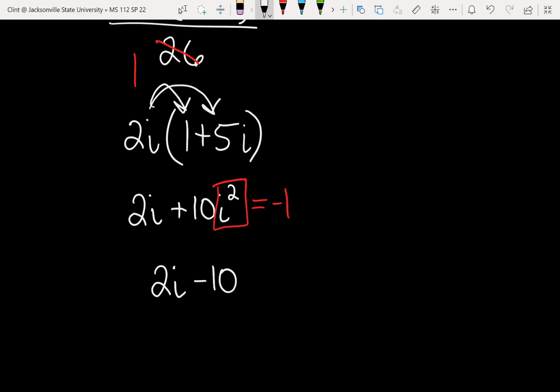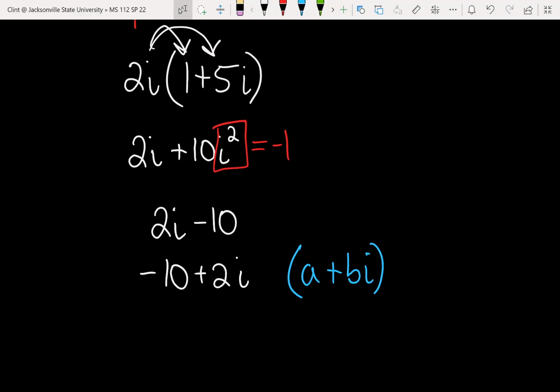And then if we're wanting it in a plus bi form, we just got to switch the order. That would be negative 10 plus 2i. A plus bi form. Kind of had double simplifying we had to do on that one because I got that extra i squared term in there.